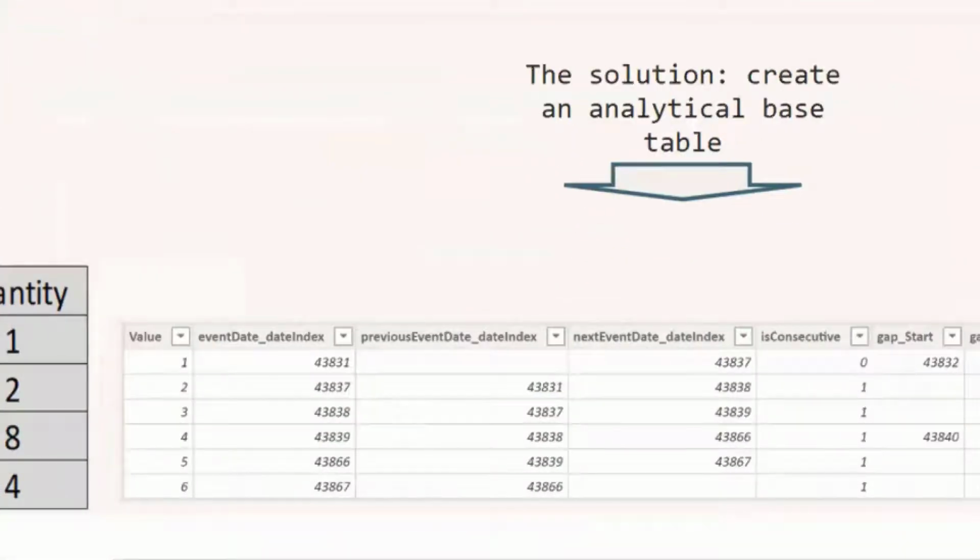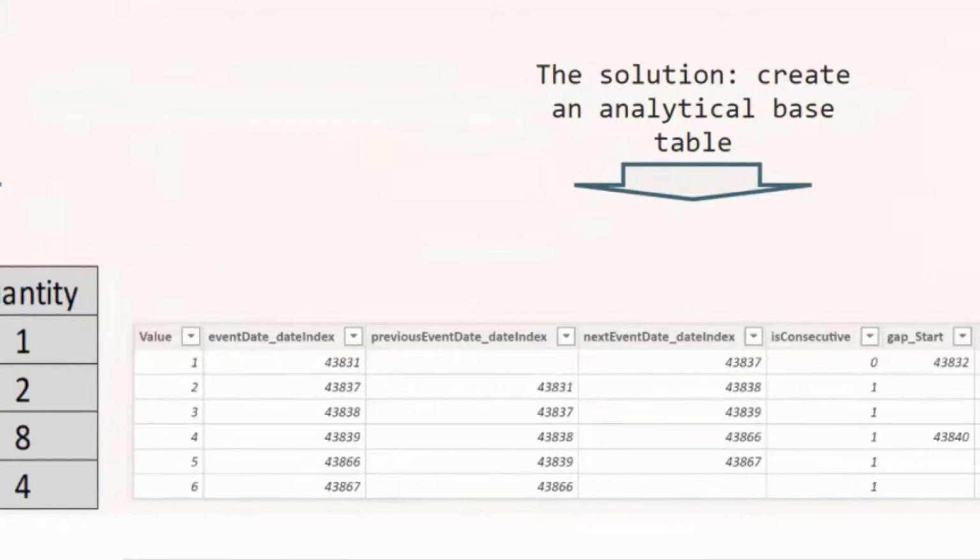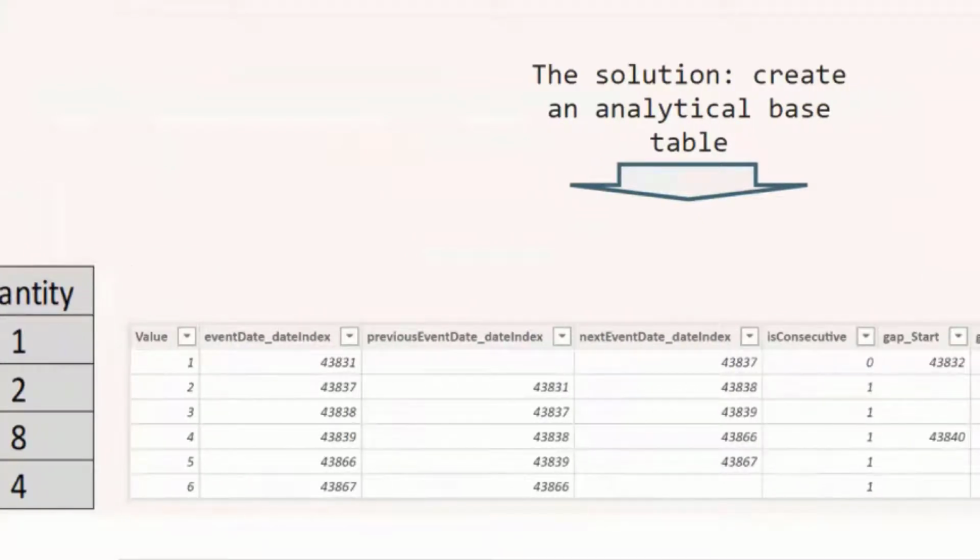So once again, this is my analytical base table. The value column is generated automatically by using GENERATESERIES. And the event date index is the first item of the path I created using CONCATENATEX with a pipe sign as a delimiter.